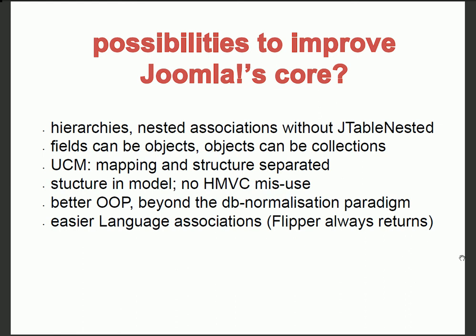You could make a unified content model with that, where the mapping and the structure are separated. You could have structure like all those hierarchies. You could put that structure in a model and not in the view, as it is often done with HMVC. That's what I call HMVC misuse. You can have better object-oriented programming that goes beyond the database normalization.